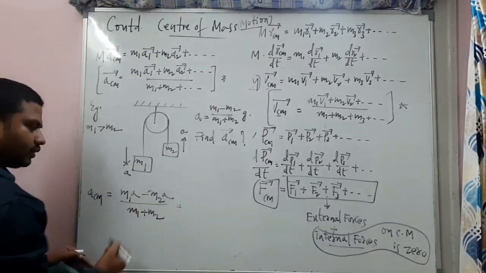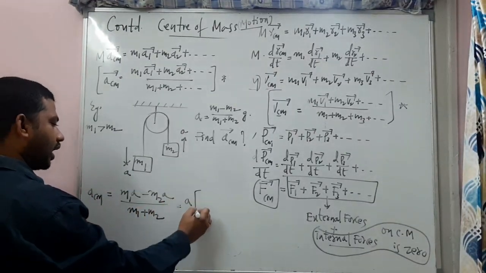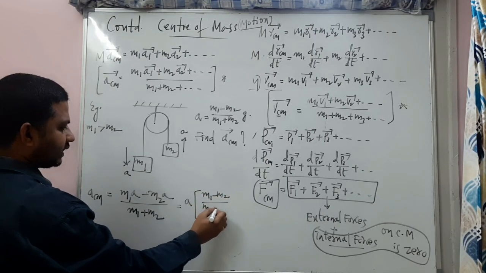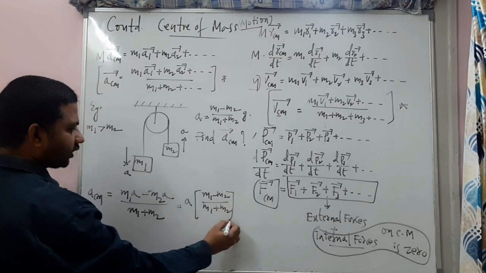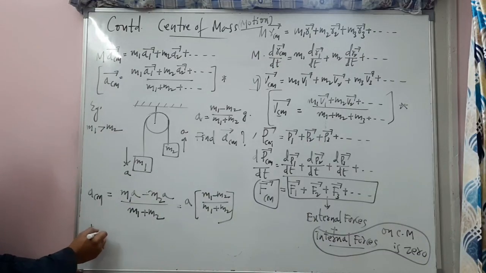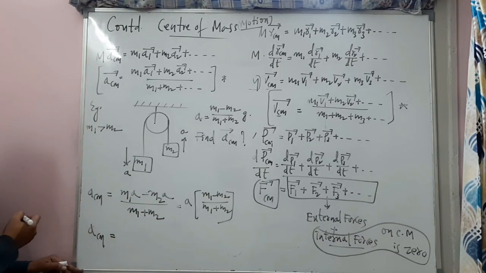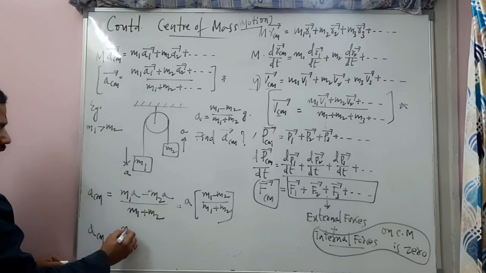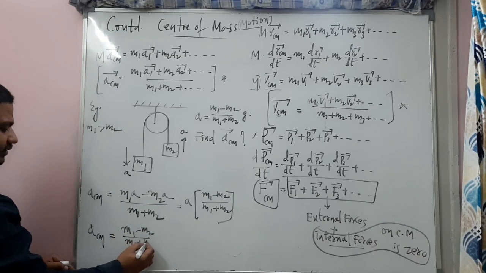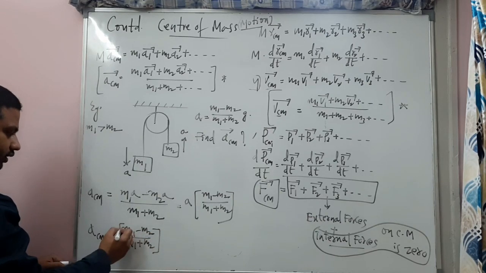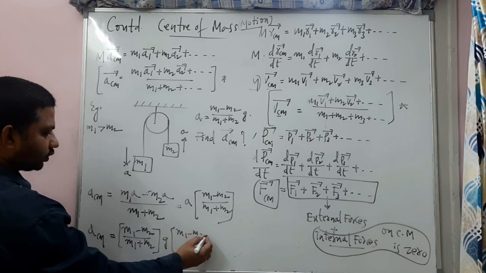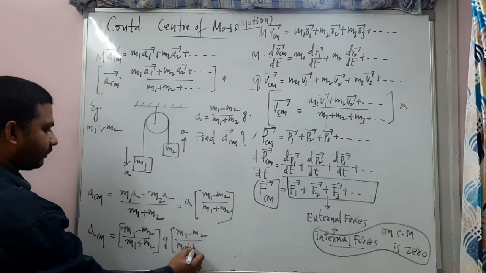Now here, if you take a out, that will be m1 minus m2 by m1 plus m2. If you take a common, what is that a? Acceleration of individual block, and acceleration of individual block is how much? Acceleration of the center of mass is equal to m1 minus m2 divided by m1 plus m2, into g into m1 minus m2 divided by m1 plus m2.